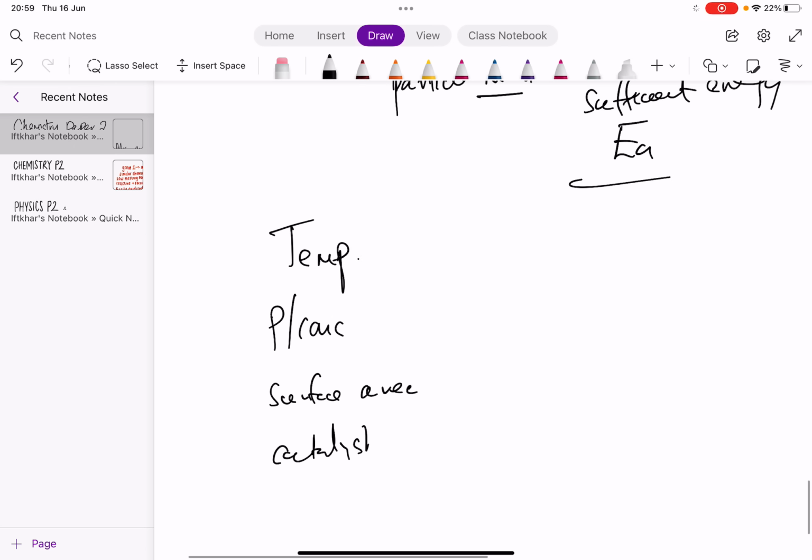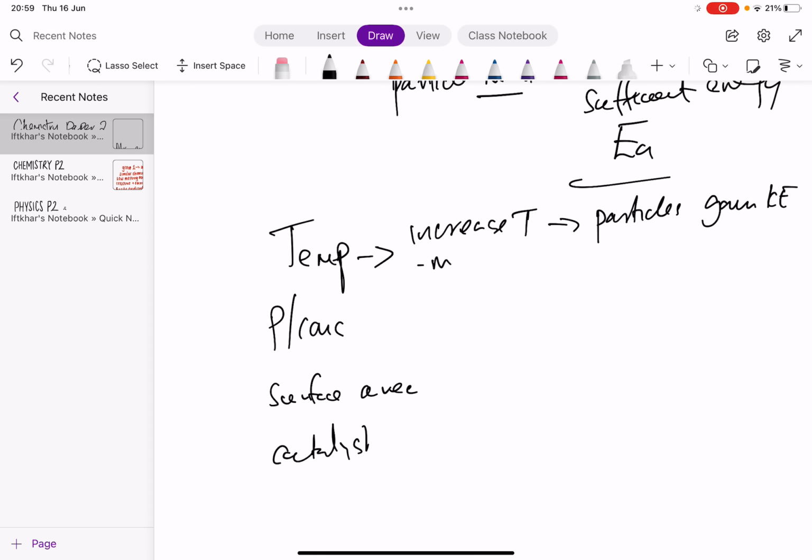When you increase temperature, what happens? Particles gain kinetic energy, move faster, and collide more often. When they collide more often, that increases the frequency of collisions.